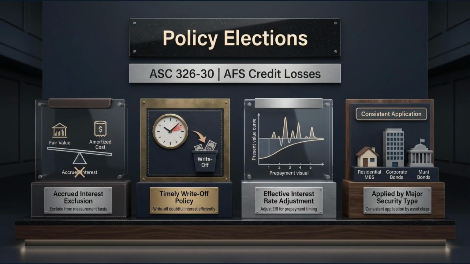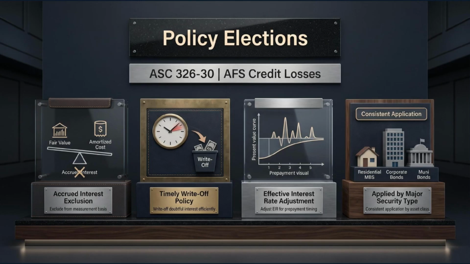ASC 326-30 also includes policy elections that affect mechanics. An entity may exclude accrued interest receivable from both fair value and amortized cost in the credit loss test. If the entity writes off uncollectible accrued interest in a timely manner, it may avoid measuring a separate allowance on that accrued interest.